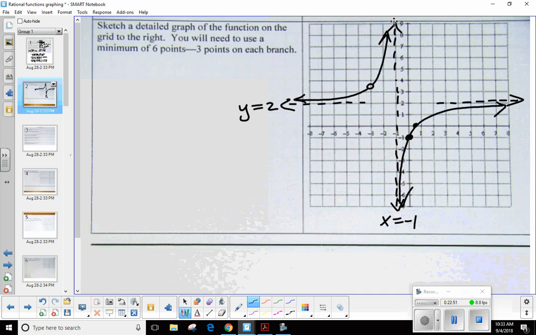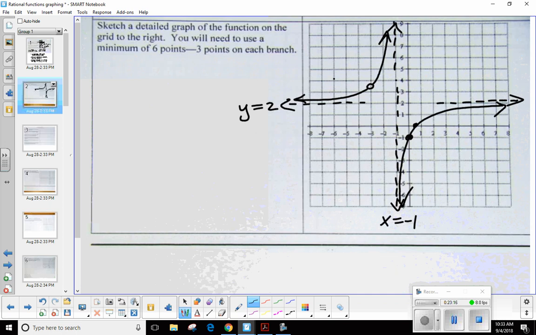Now let's say this is what you turned in on maybe a quiz, on maybe a test, whatever the case is. Would this get 100%? No. I mean, the graph does look pretty good, but what am I forgetting? Now we don't need any more points, but we have to label those that I have. Label everything that you find.